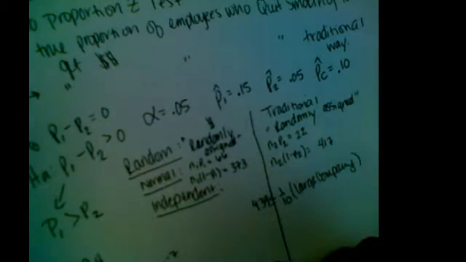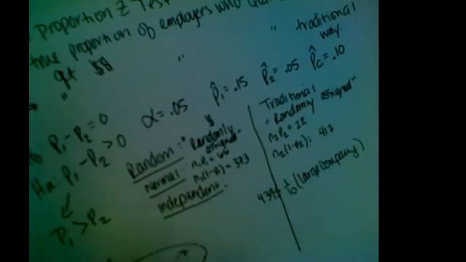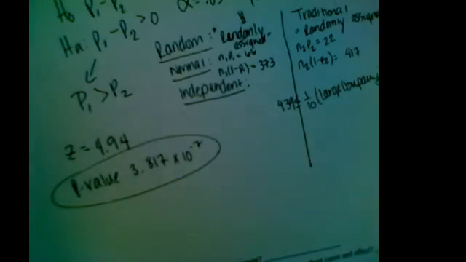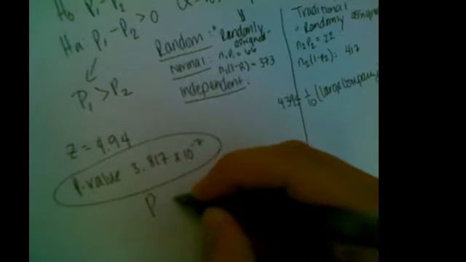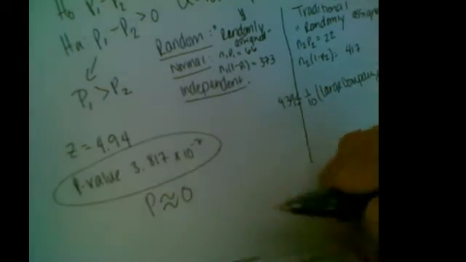Okay, so this is our p-value. Let's go ahead and assume that's pretty much just 0, right? So p-value is approximately 0. So how are we going to conclude?